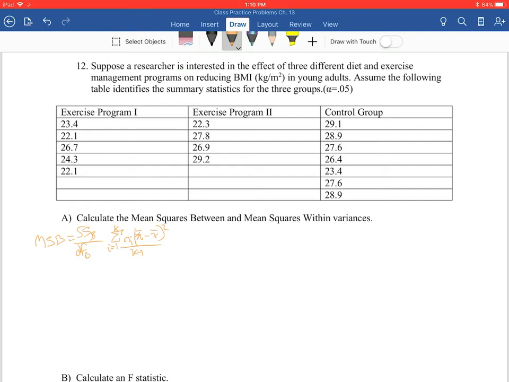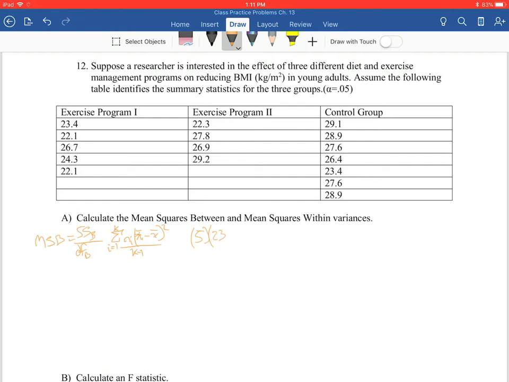So first thing we have to know is what our average is for everything. So I'm just going to go ahead and start writing it out so you can see it. I'm not going to go getting averages and standard deviation. You should be well versed on how to find that.